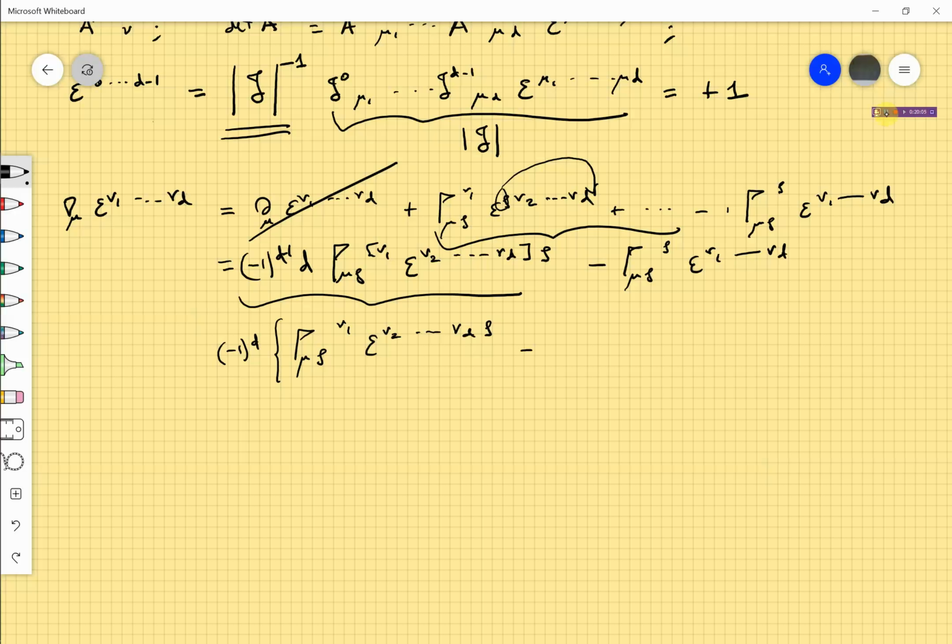So this will be minus mu rho. I interchange mu 1 and mu 2. Epsilon mu 1, then mu 3, and then mu d and rho. But if I move this to this place, I get a factor minus, and this would be minus 1 to the d minus 2.